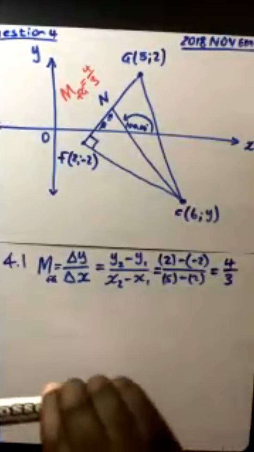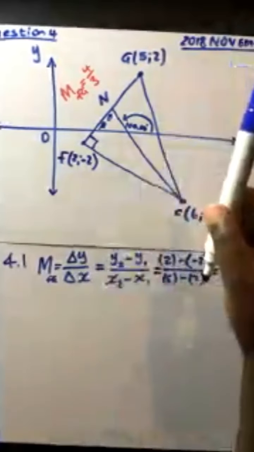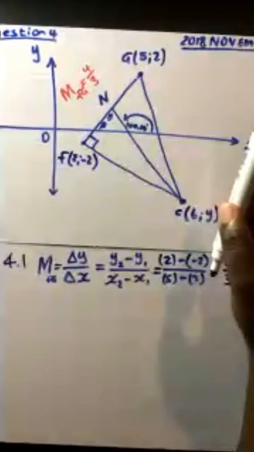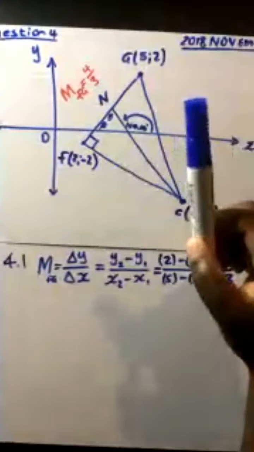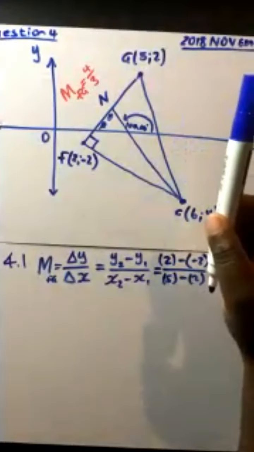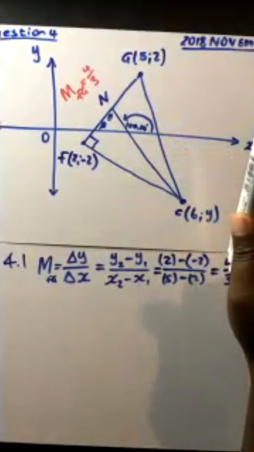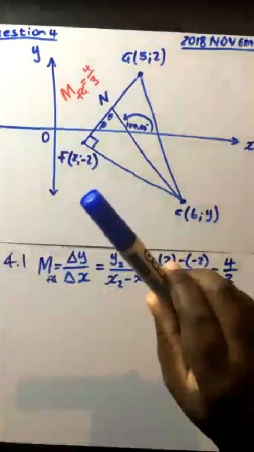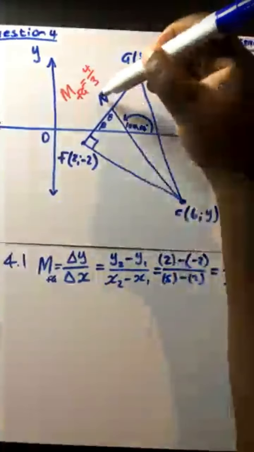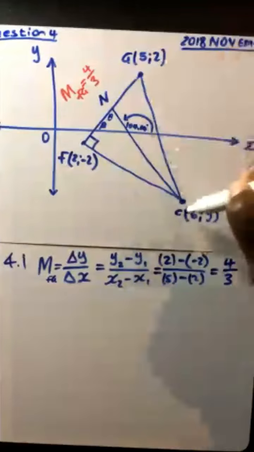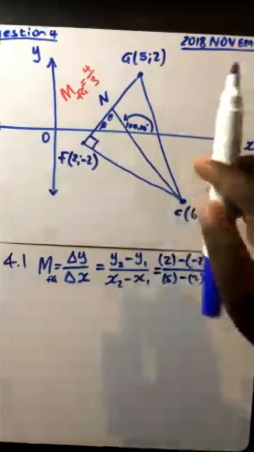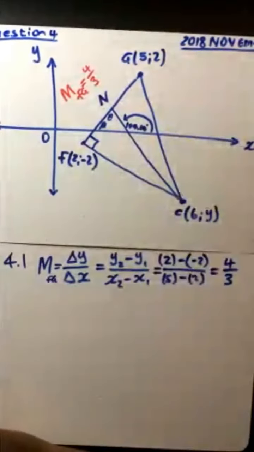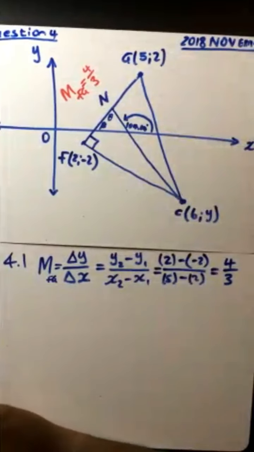You remember, guys, in yesterday's lesson I explained how you notice a positive gradient and also how you notice a negative gradient. So guys, since this is a positive gradient, can someone tell me, will line NC be a positive or a negative gradient? Promise, can you give it a try?